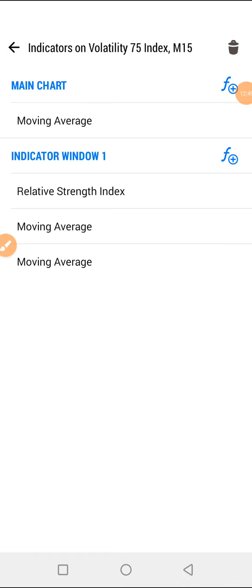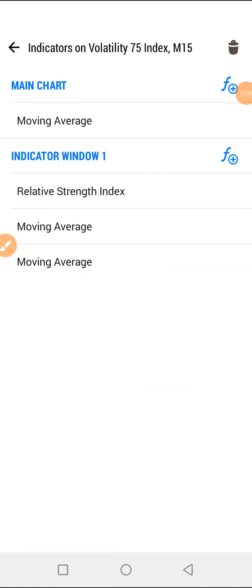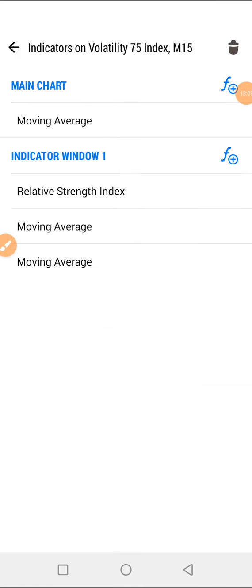Then on your window 1, you add moving average with period of 50, exponential, shift 0, apply to close. You click on save. Then lastly, you add moving average with period of 10, shift 0, method exponential as well. Then you use any color of your choice, then you click on save. When you do this, you have the same settings as what you just saw, and then you'll be able to apply the strategy. You can also apply the strategy on currency pairs, including crypto.